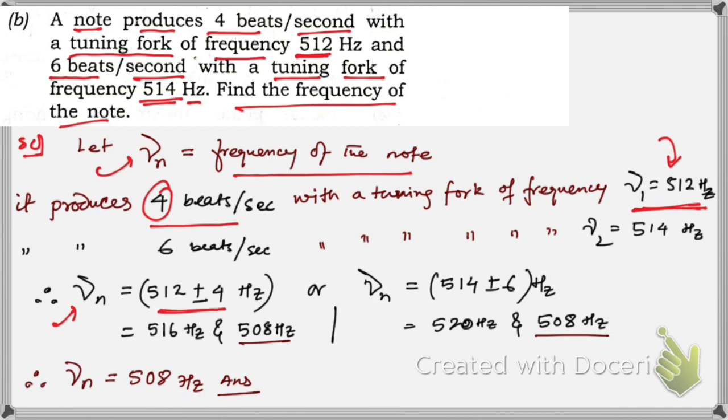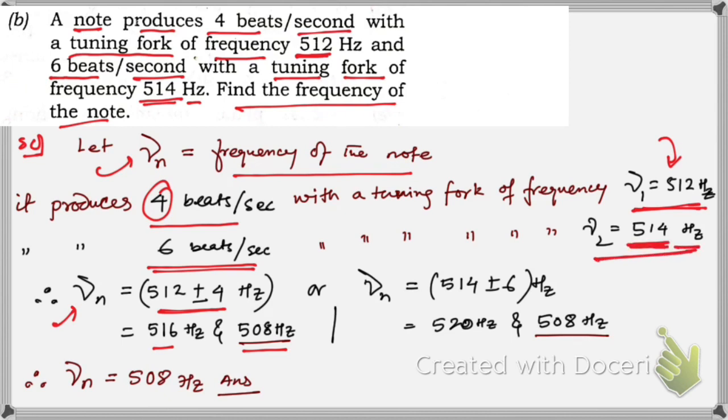So we get 512 plus 4 is equal to 516 hertz, and 512 minus 4 is 508 hertz. Similarly, this note produces 6 beats per second with the tuning fork of frequency nu 2, that is 514 hertz.